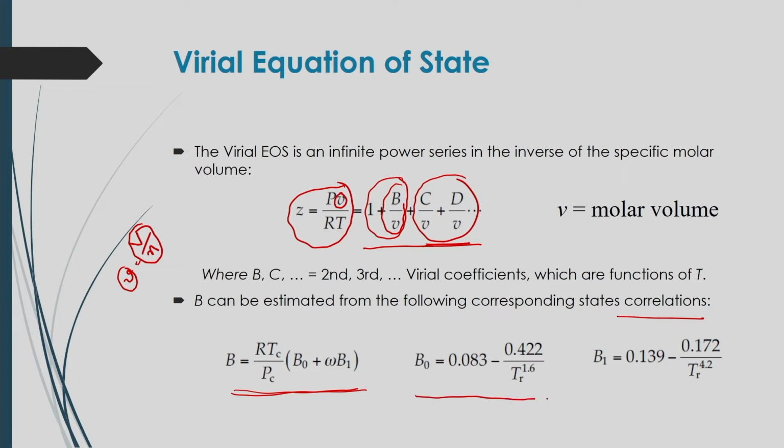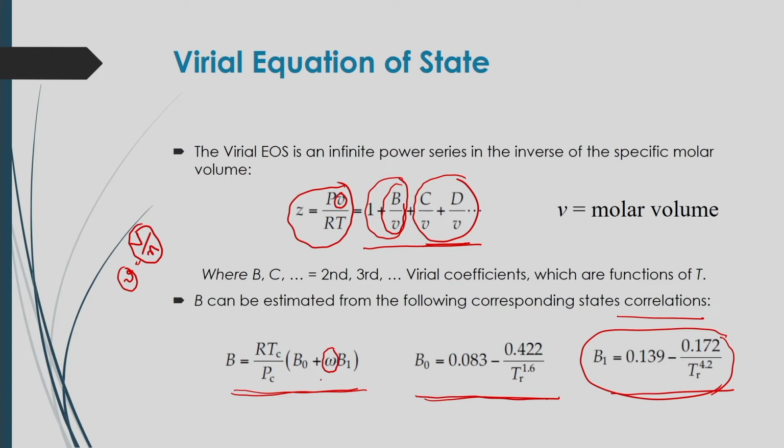This is the equation to represent B0, and B1 is also a constant, expressed by the correlation given here in the slides. Omega is called the eccentric factor, which will be described later on.